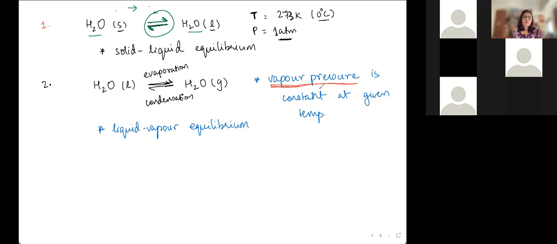If you have liquid water anywhere, vapor pressure will always be there, at a given temperature and pressure. That is why you feel the change in humidity between summer and winter more drastically, because the temperature of your surroundings is changing. So temperature affects this particular equilibrium.